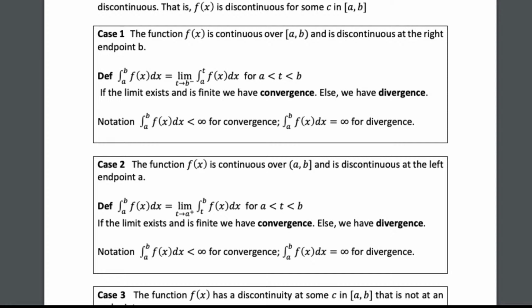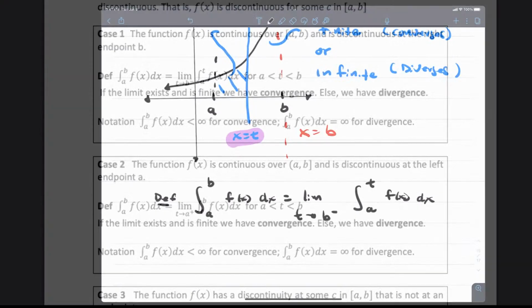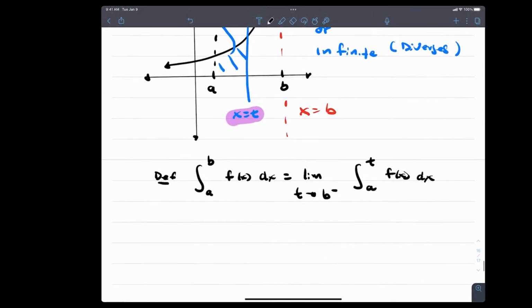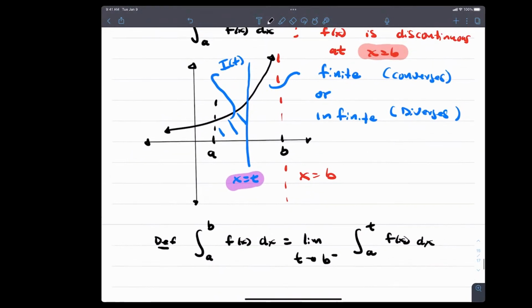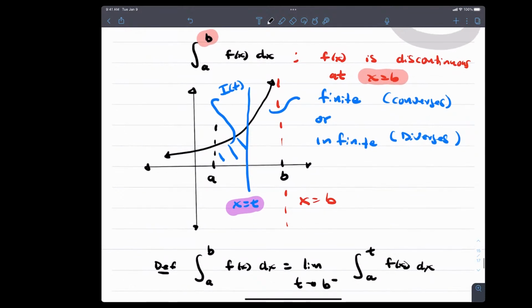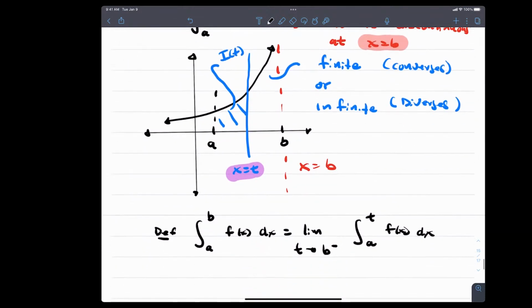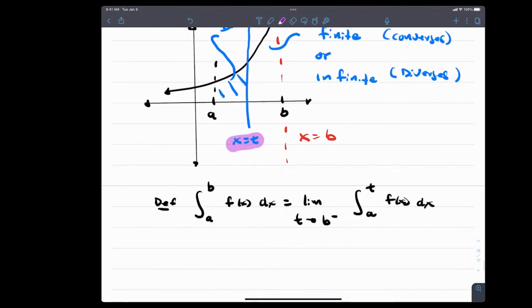So in my definition there, you say discontinuous at the right endpoint. This is what we're using here. It's discontinuous at b, the right endpoint. So this is the problematic endpoint. I'm going to highlight that.